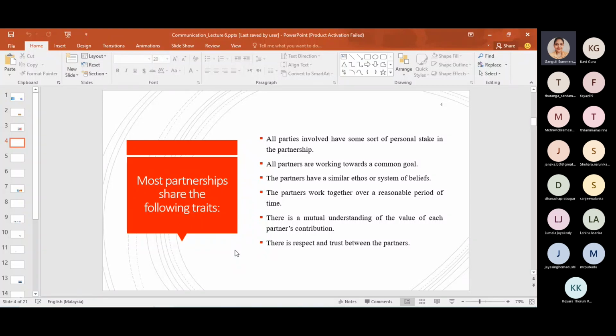Okay, so personal stake means personal benefit, personal advantages. These personal benefits can be in terms of finance, in terms of money. Finance means money. But the benefits are not always money, right?